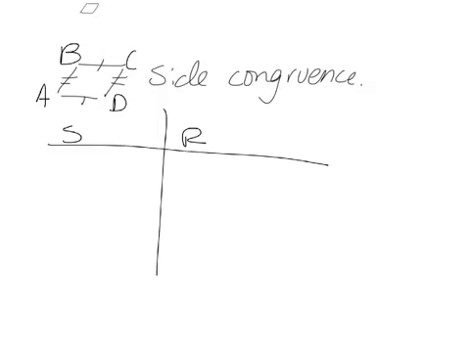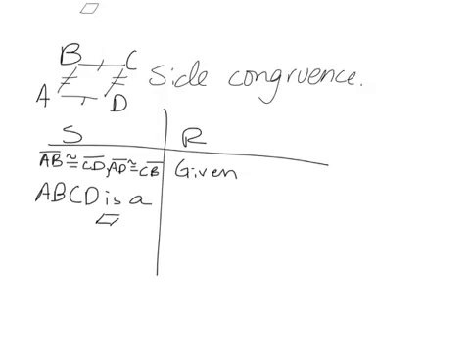If I was to write a quick proof to prove something's a parallelogram using side congruence, I would state what we state is properties of a parallelogram. Do you understand? Does that make sense? So this is by definition properties of a parallelogram.